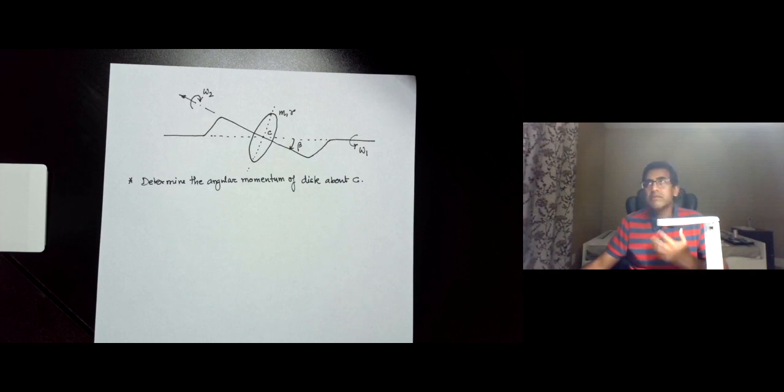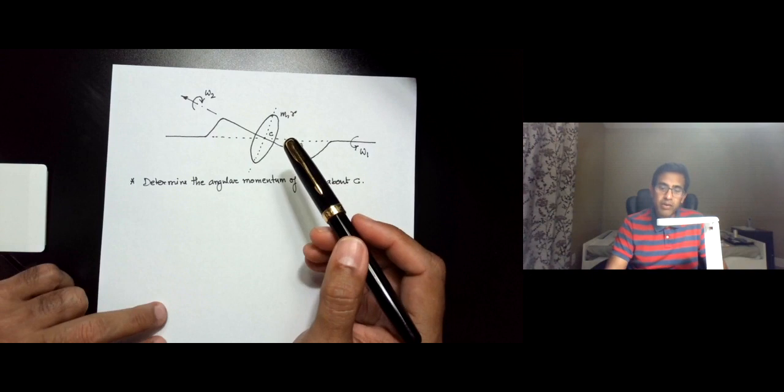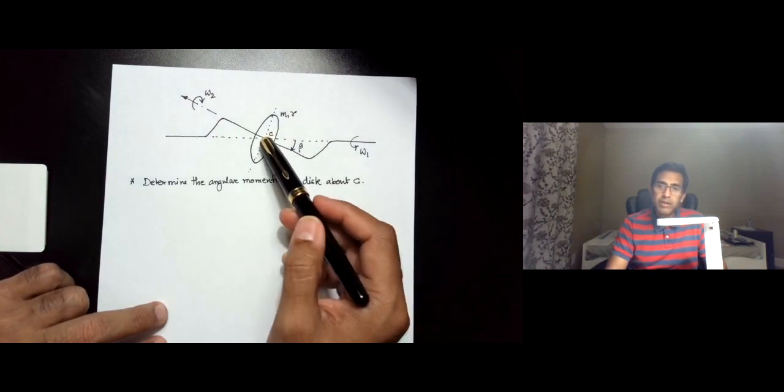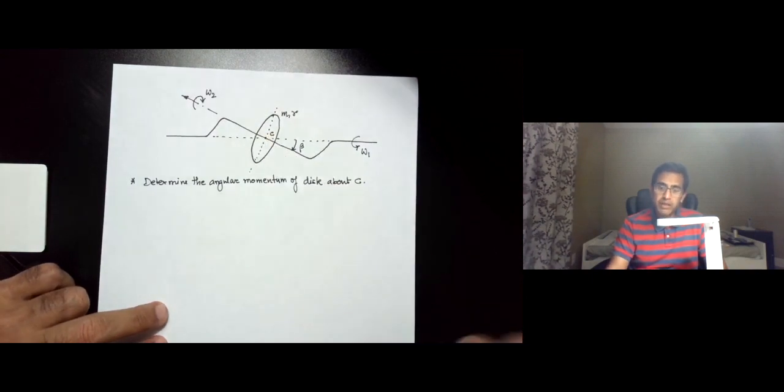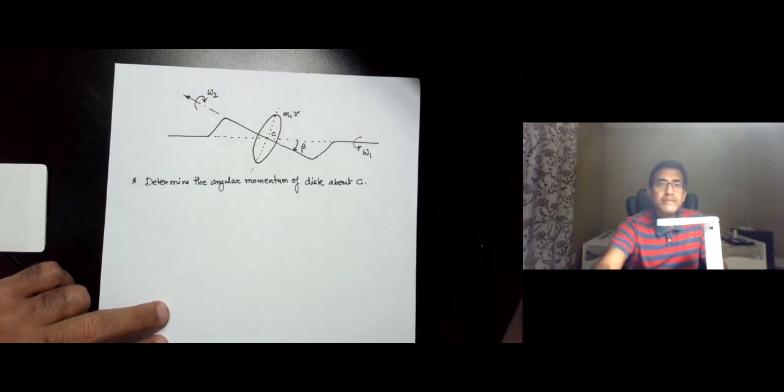You cannot arbitrarily say, find the angular momentum of a rigid body. You have to say, find the angular momentum about so and so point, which can be either a fixed point or the center of mass. So here our interest is in finding the angular momentum about the point C, which is the center of mass of this disk.